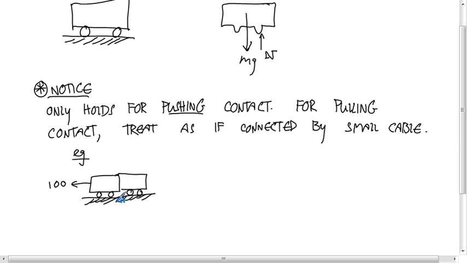Think of that as a 100 Newton force and just a little cable connecting these two carts. And then you just treat it using the stuff that we talked about with cables.